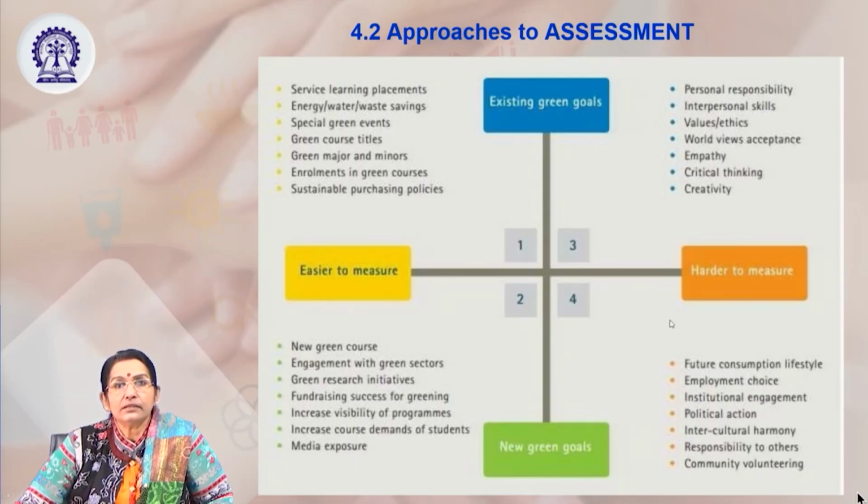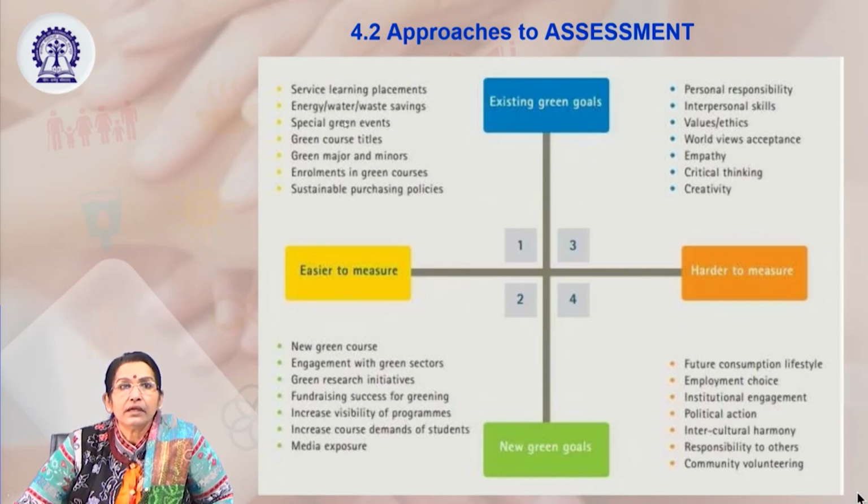So, in the initial stage it will be easier to measure, maybe the existing skills will be measured. Similarly, gradually as we move towards individual interpersonal skills, world views, etc., it is a little bit difficult. So, we need a proper assessment tool, because it is difficult to measure individual attributes, and we have to search for the tools.